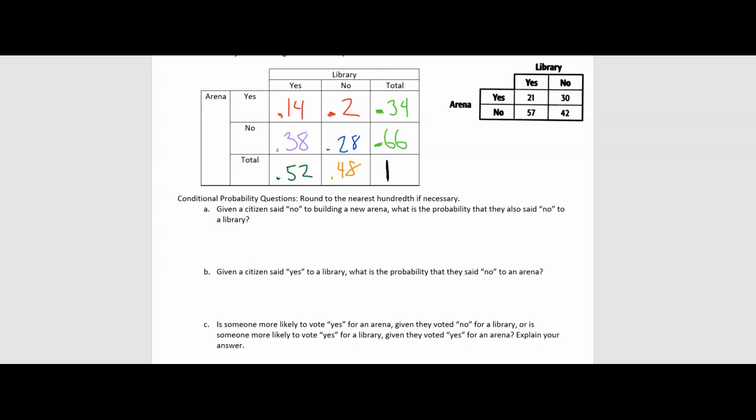Okay, so question A says, given a citizen said no to building a new arena, so we're assuming that we're only looking at the no category to the arena, which right away means we are only looking at this row, right? Because that represents no to the arena. So given they said no to the arena, what is the probability that they also said no to a new library?